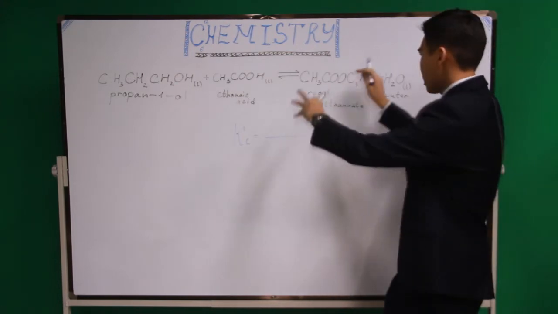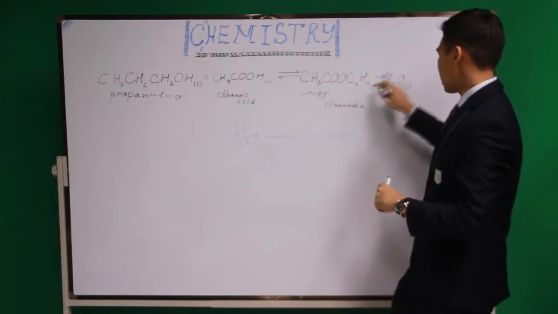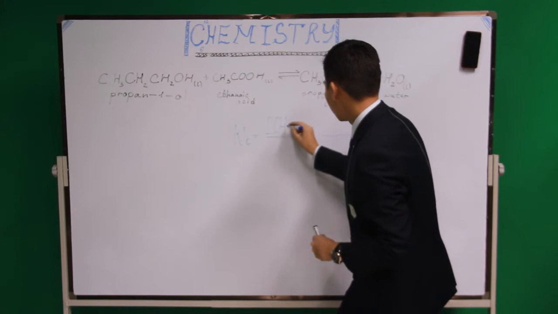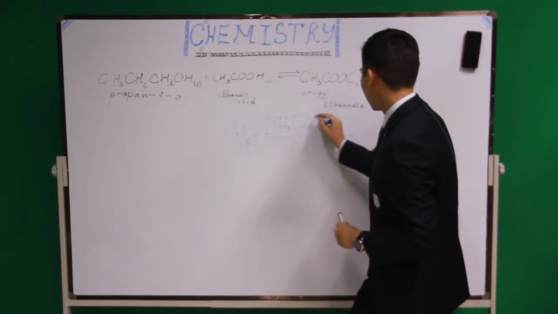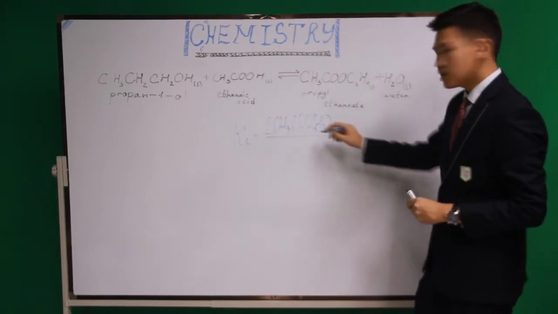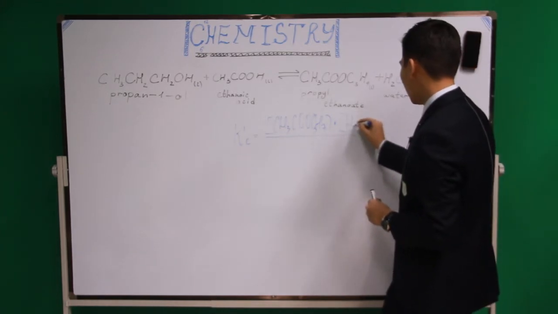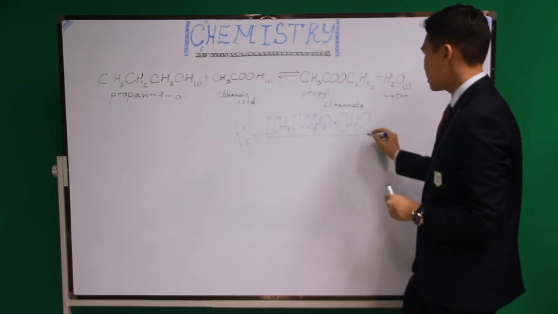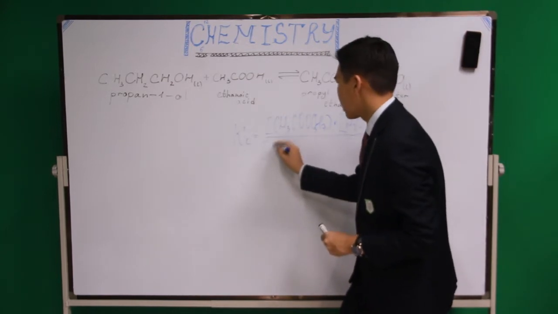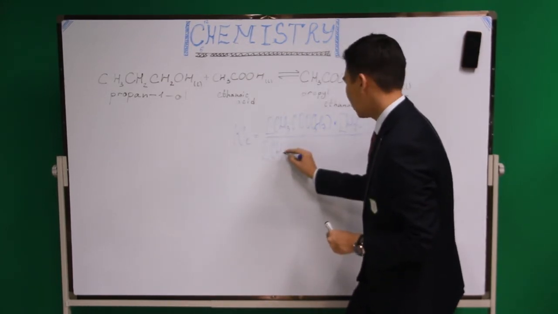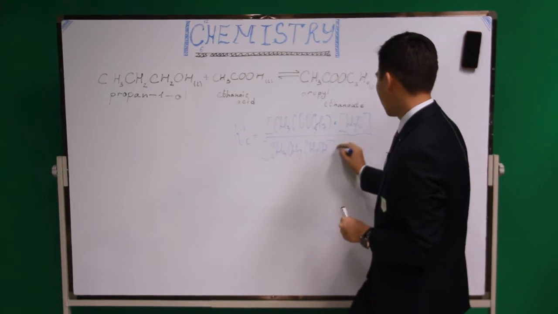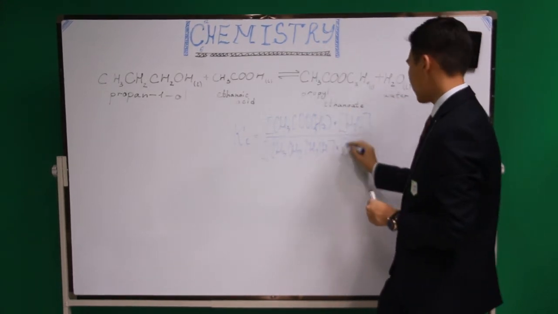It's like multiplying the concentration of propyl ethanoate, CH3COOC3H7, by the concentration of water, H2O, and dividing by the product of the concentrations of the reactants, propan-1-ol, C3H7OH, multiplied by the concentration of ethanoic acid.